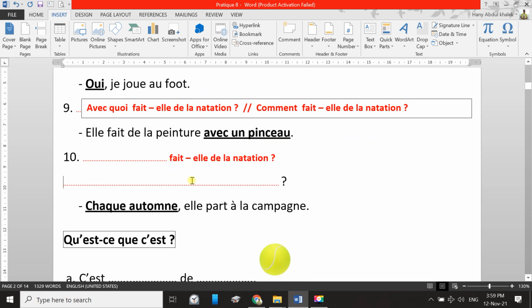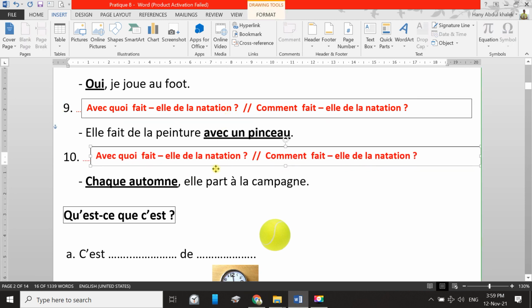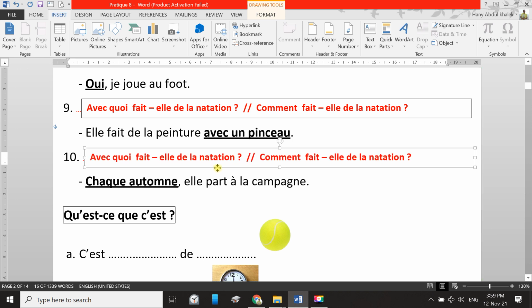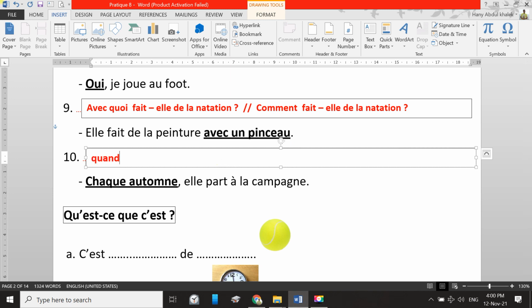So here next. Instead of chaque automne, autumn here is the season, we can use quand. Okay, elle part à la campagne. So here, où part-elle à la campagne?